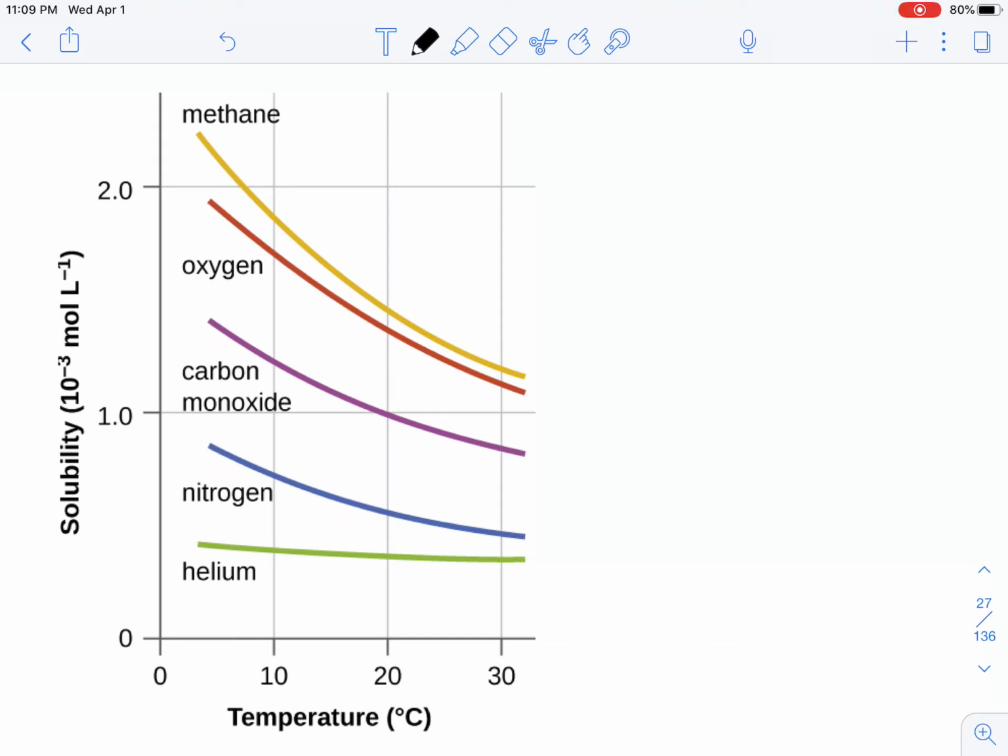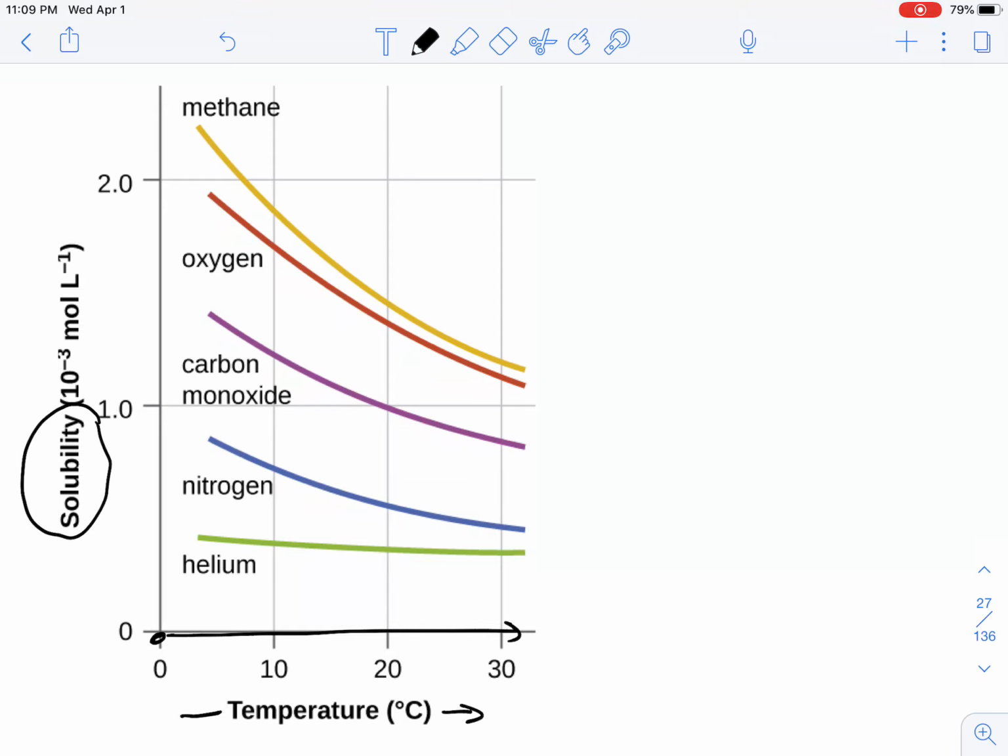If you look at the x-axis, we see an increase in temperature going from left to right. And on the y-axis, once again, it's describing the solubility. We'll talk about how solubility is quantified in another lecture video.